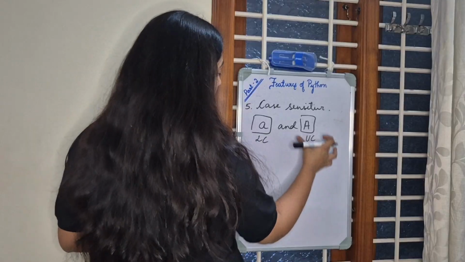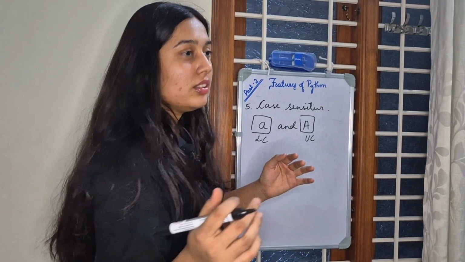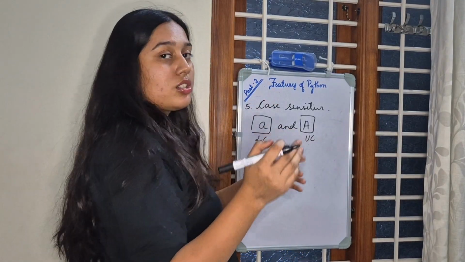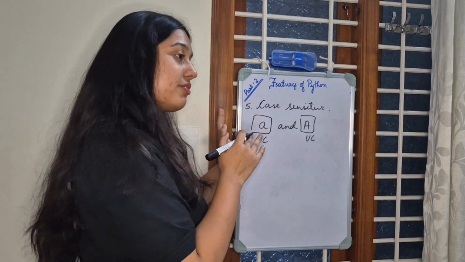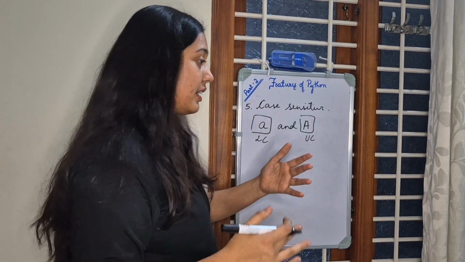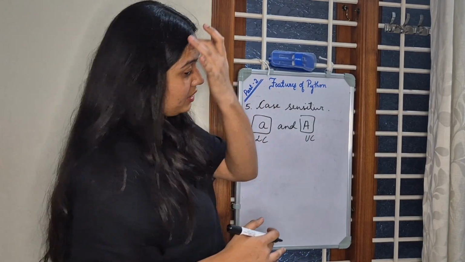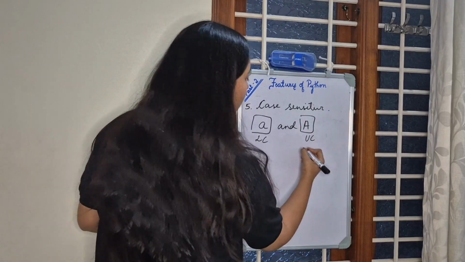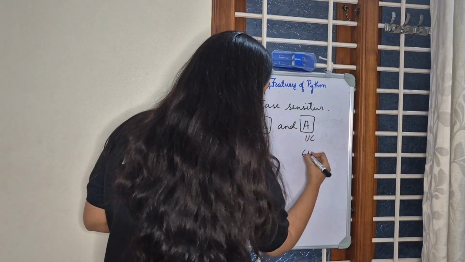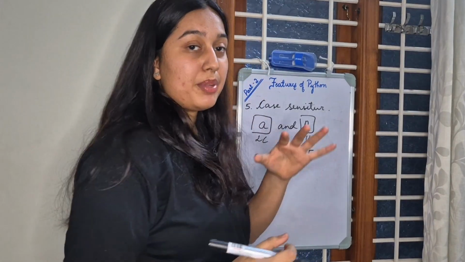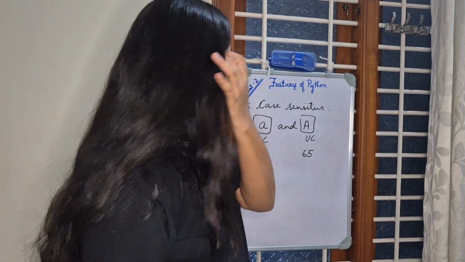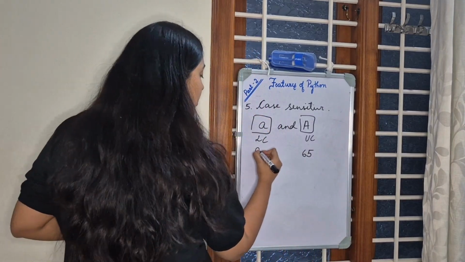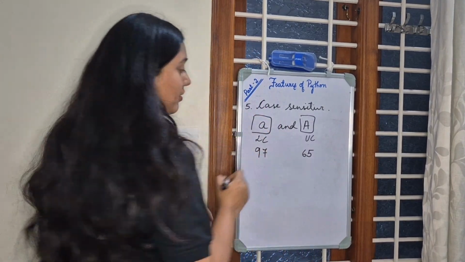Alright, now let's see. Through some basic knowledge, I know that capital A in binary is 65, whereas small a is 97.